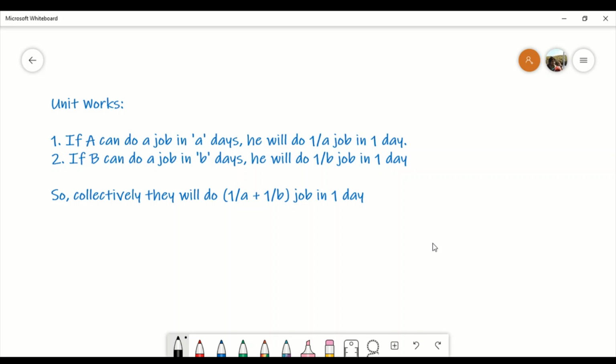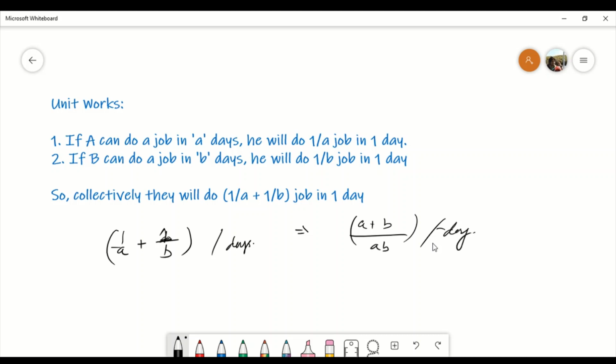right? So they are doing this particular amount of work in 1 day. So the question is in how many days they will do the entire work. So we can simplify this as (a plus b) upon ab per day, right? So this is the amount of work they do per day.